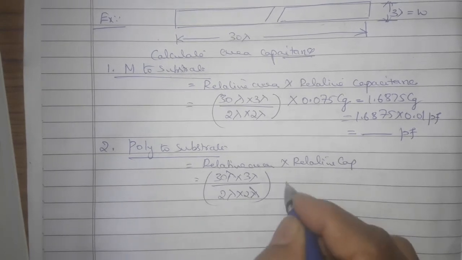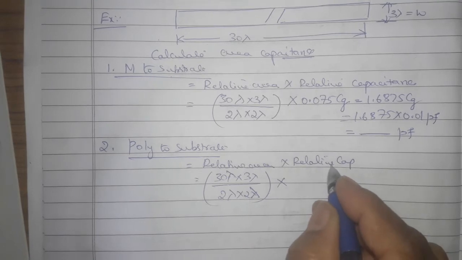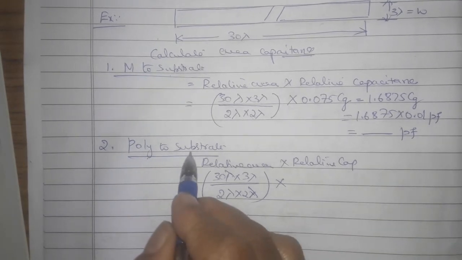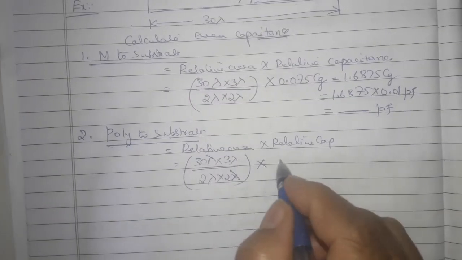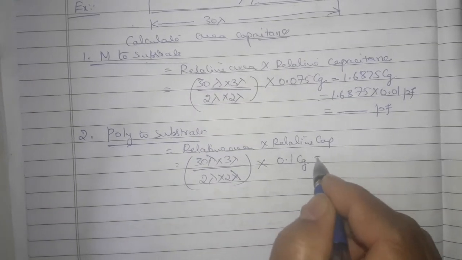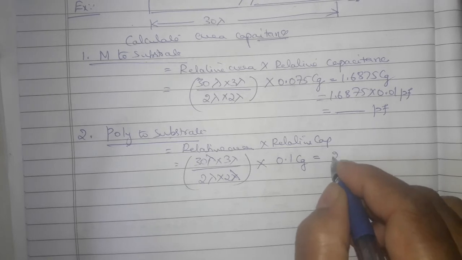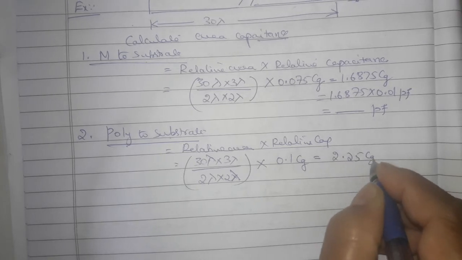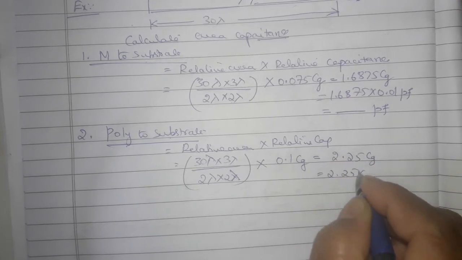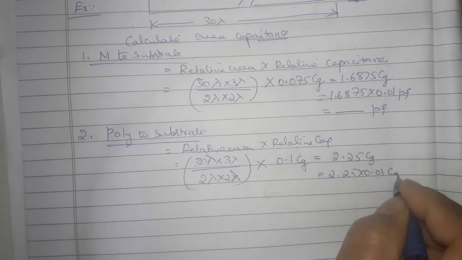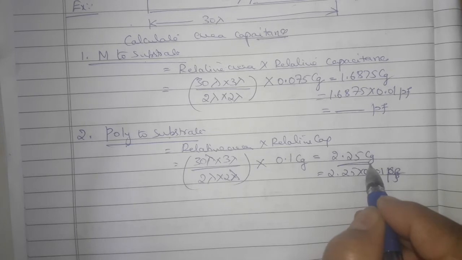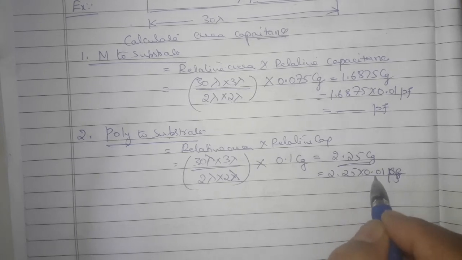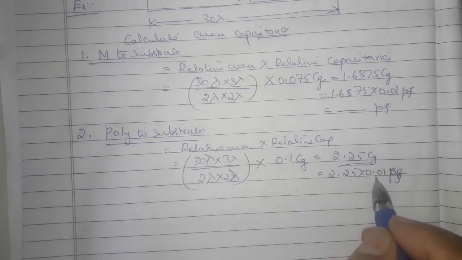The relative capacitance for poly to substrate is 0.1 Cg. So this comes to 2.25 Cg, that is 2.25 into 0.01 picofarad. You can keep it in Cg or convert it into picofarad.